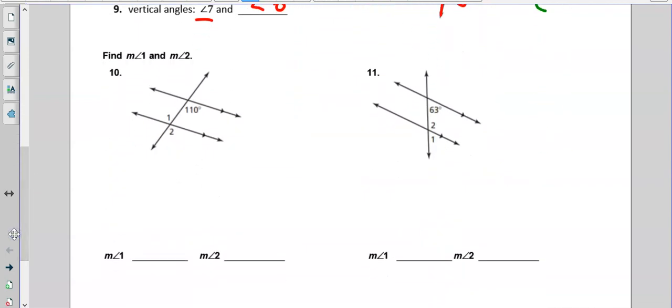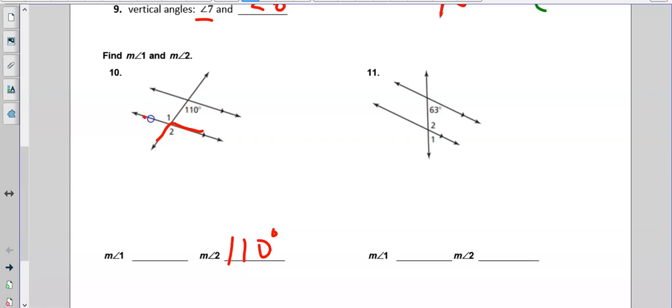Okay, measures of angles 1 and 2. Well, remember, here is my obtuse angle. If I slide this down, that is my corresponding angle. And since these lines are parallel, corresponding angles are equal. Therefore, angle 2 is 110.